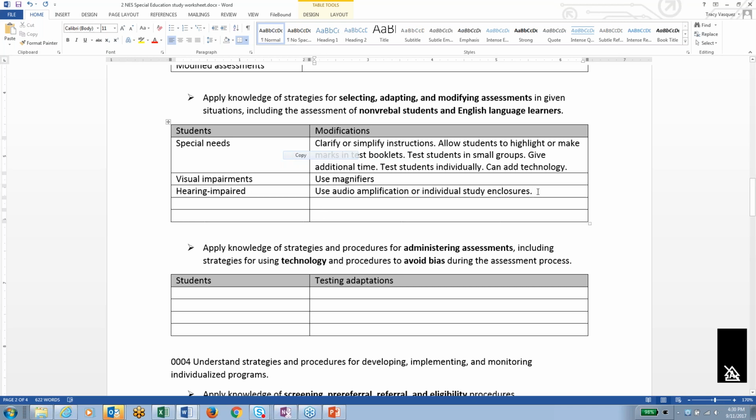I'm going to add hearing impaired. We can also use American Sign Language or manually coded English.